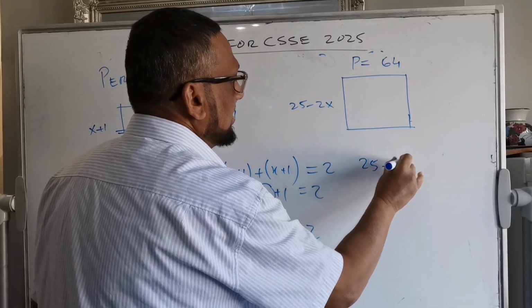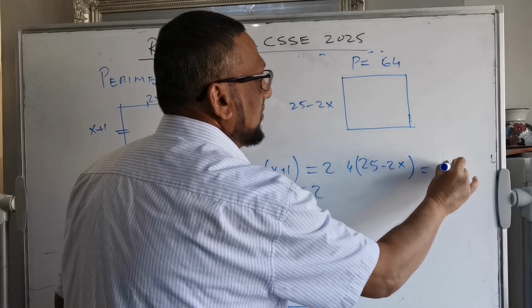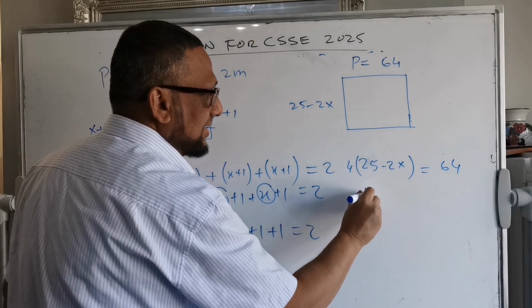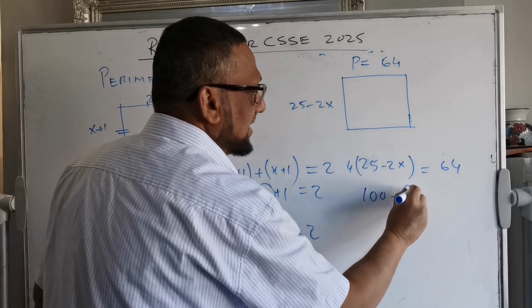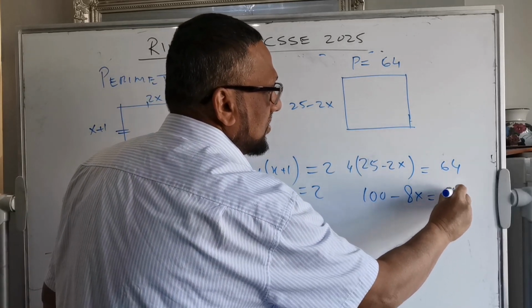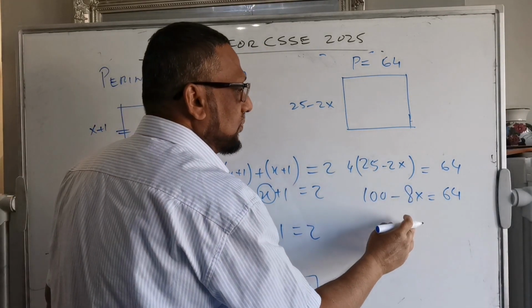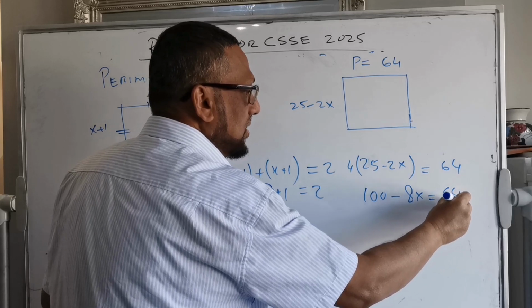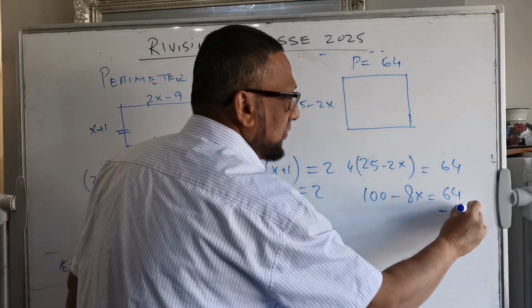25 minus 2x times by 4 equals 64, and 4 times 25 is 100, and 4 times 2 is 8x, equals 64. Look at this 64, I'm moving it from the lower to the higher side, so it means minus 64.